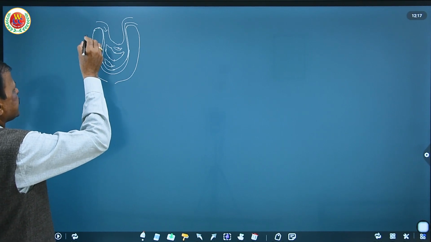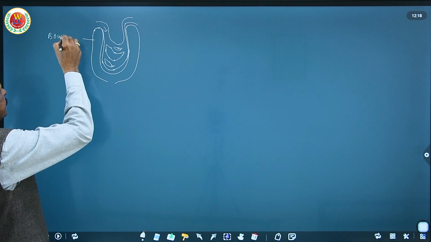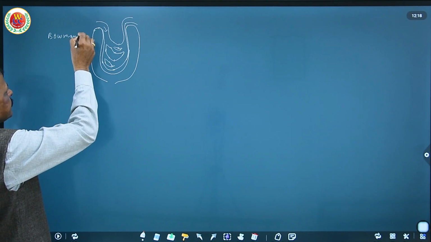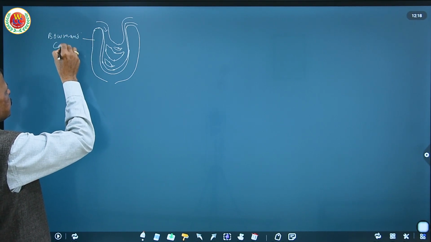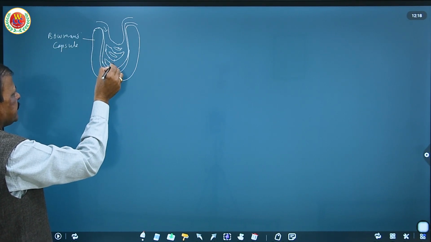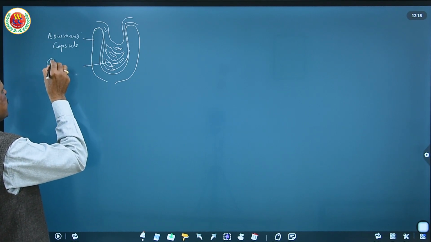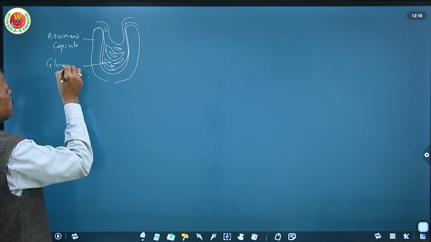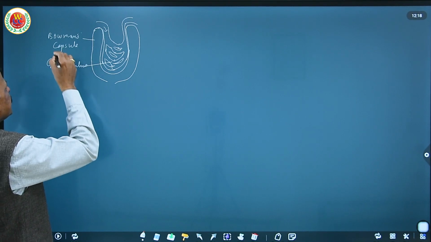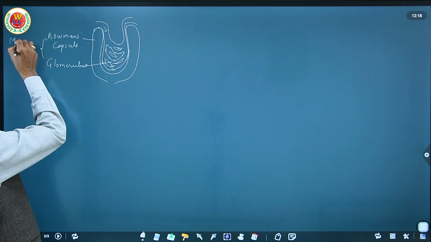Now together, this Bowman's capsule and these tuft capillaries, the capillaries are called the glomerulus, and these two together form the Malpighian body.